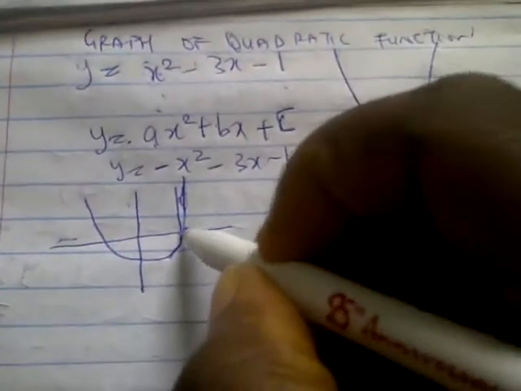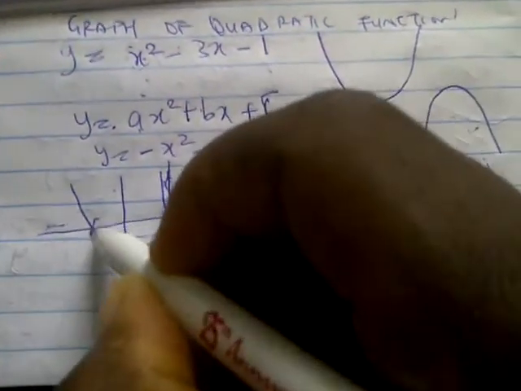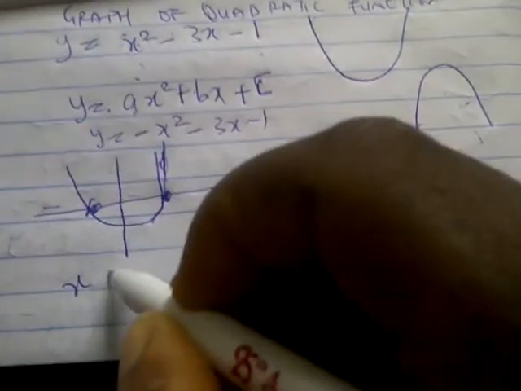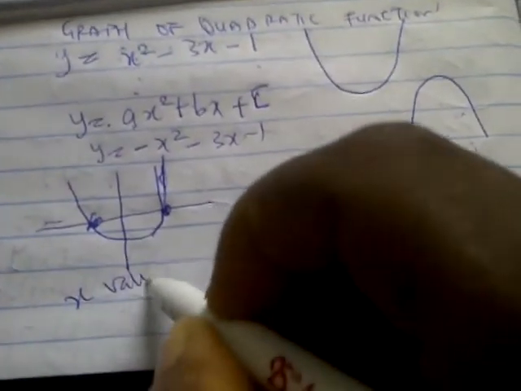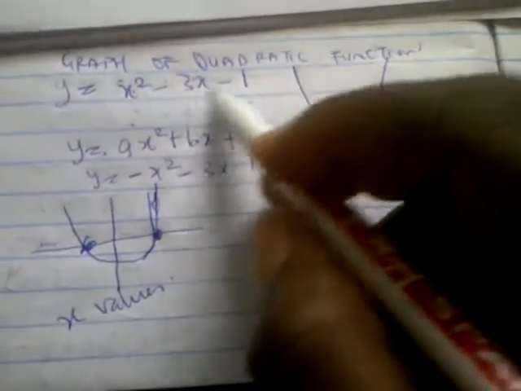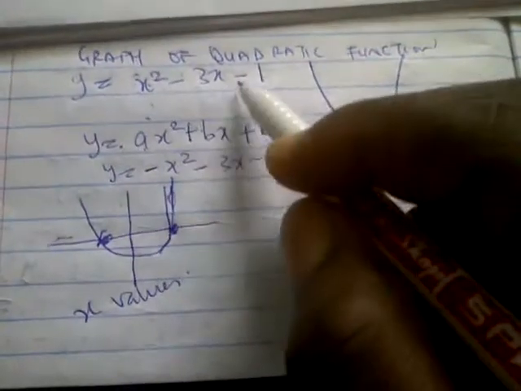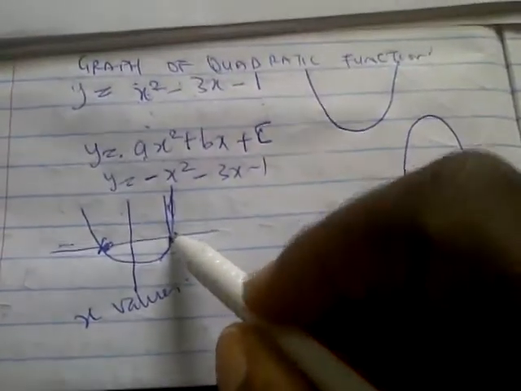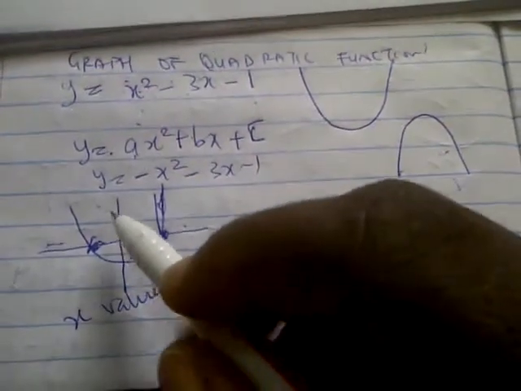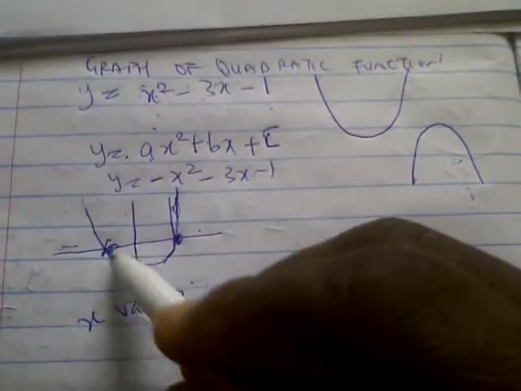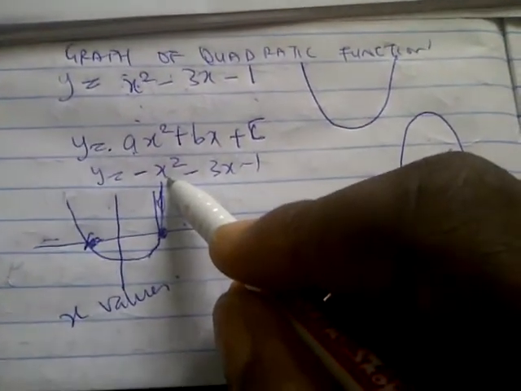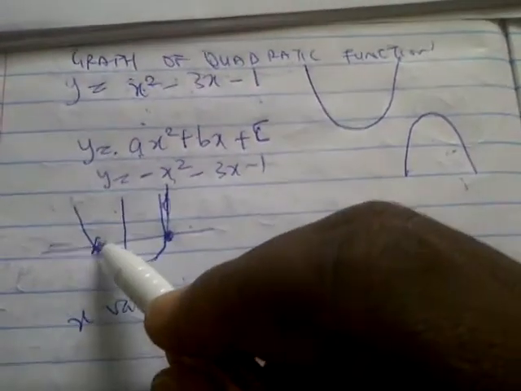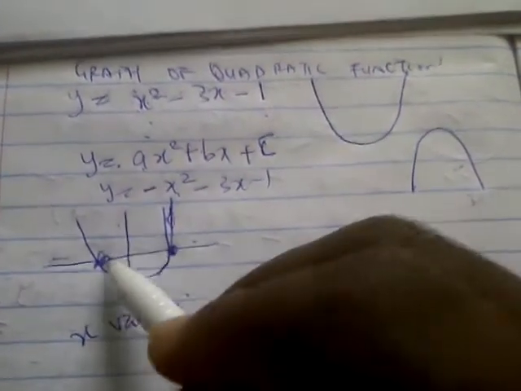These 2 points that the graph touched the x-axis, they're your x values. They're the roots of the equation, and they're the values you're looking for. So you always have to ensure that the curve is adequate and smooth enough, so you'll be able to get correct values of this.